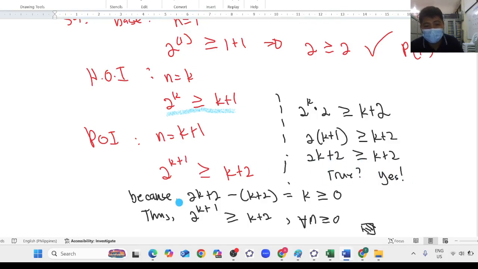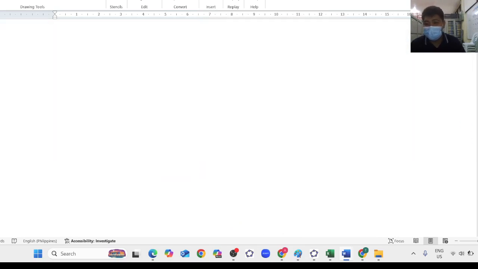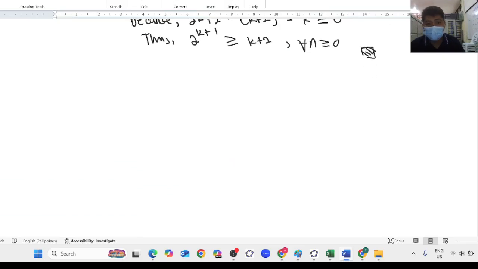Yes, because 2k plus 2, pag i-deduct mo tong k plus 2, that is equal to k, which, as we know, k is greater than or equal to 0 since n is greater than or equal to 0 for any n. And thus, this is the conclusion. So let's have here a next example.